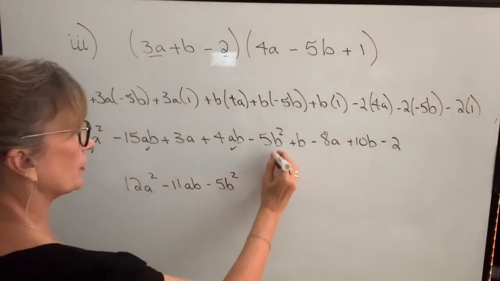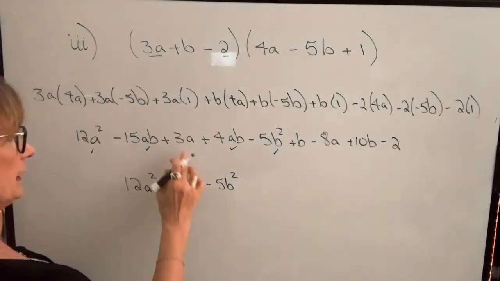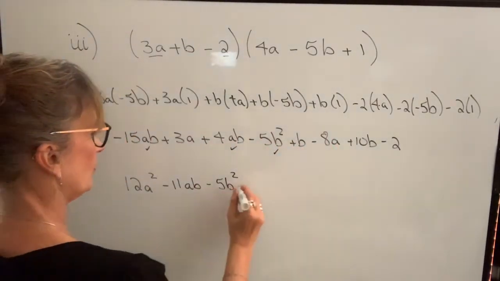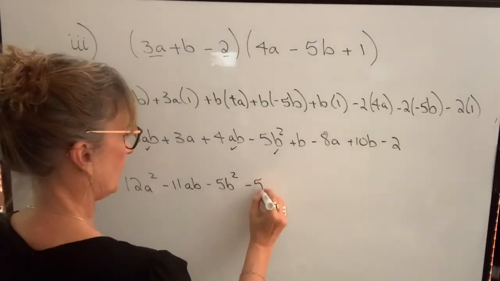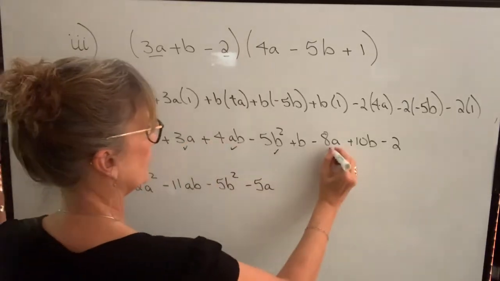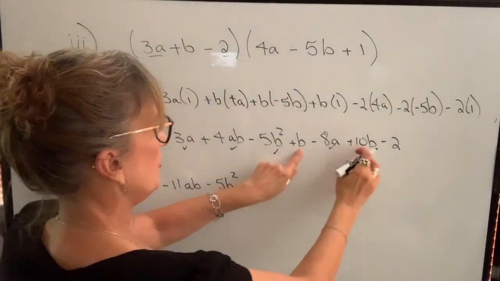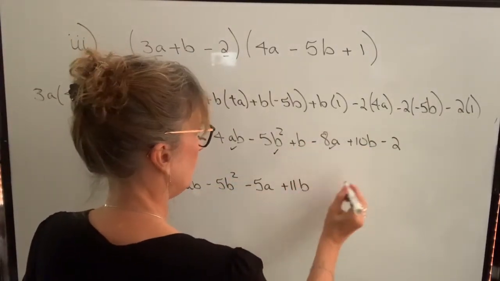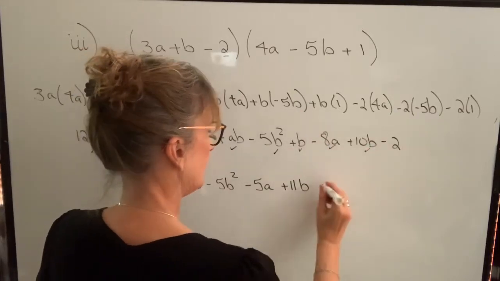There's no other b squared terms, so I've got that. I'm going to look at my a terms. I have 3a minus 8a, those are like terms, so negative 5a. Got those. b plus 10b, those are like terms, so that will be 11b. Got those. And then minus 2.